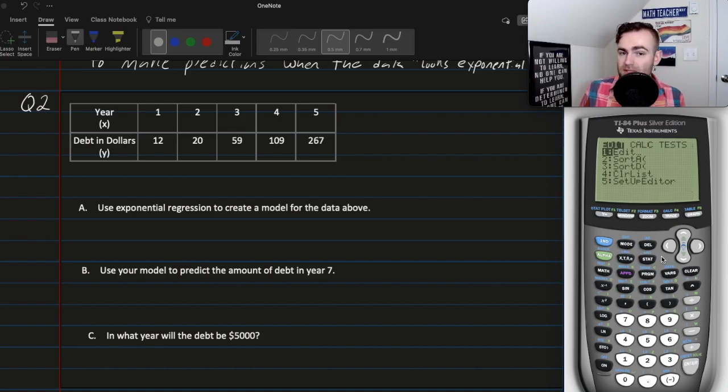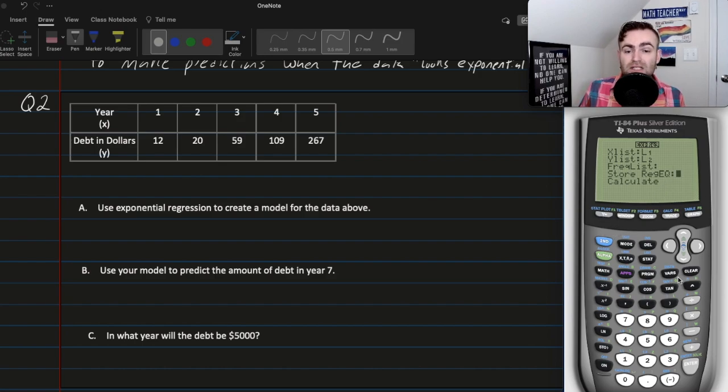Once it's on, we're going to go to statistics, calculate, and we're going to find the exponential regression, which is 0 in this calculator. It might be different on yours, so make sure you check. Enter. X is list 1, Y is list 2, and we're going to do something a little bit different: we're going to store our regression equation. So we want to store that in our y1 in our y equals screen.